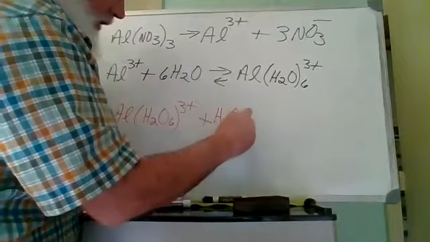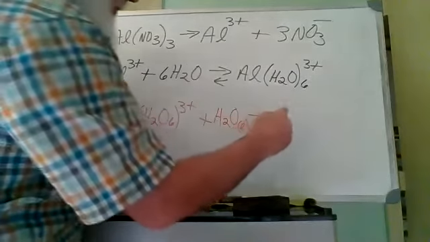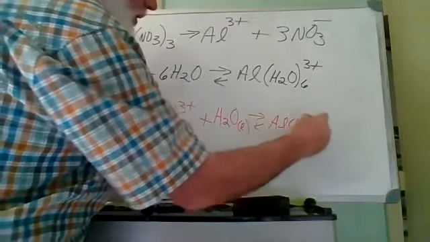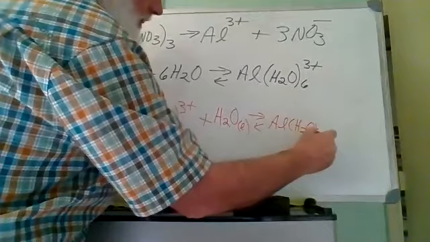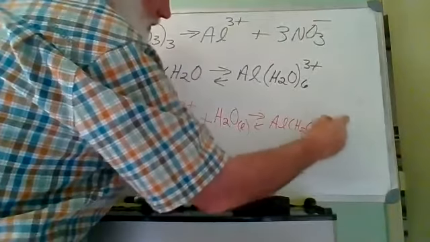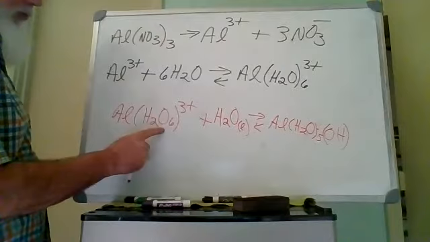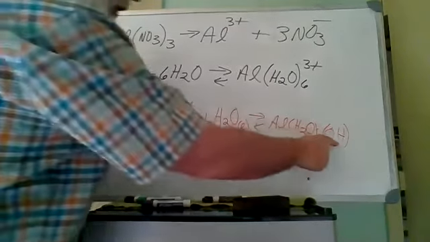So I'll put L for liquid here, to give us Al(H2O)5OH. So one of the protons is pulled off of one of the ligand water molecules, turning it into hydroxide ion.